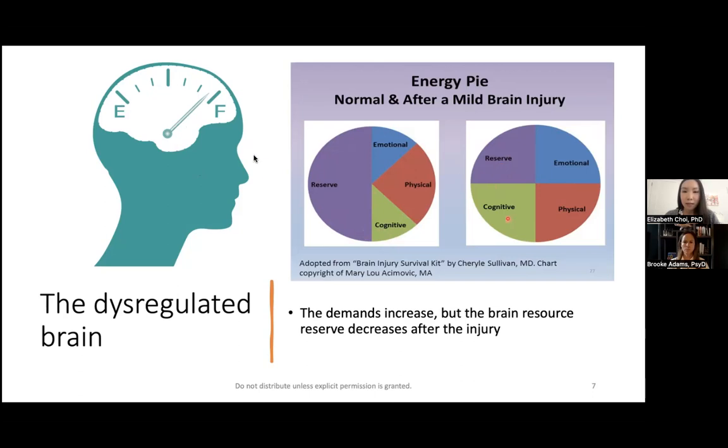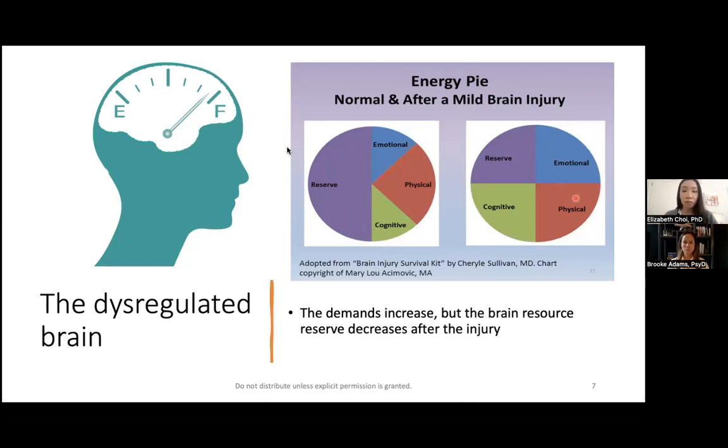Now, if we look at the second picture here, this is a post-injury picture. Our reserves reduce in proportion due to the biological and physical changes inside the brain. And unfortunately, our demands at the same time also increase. So for example, there may be potential changes to our employment or our jobs during sick leave.